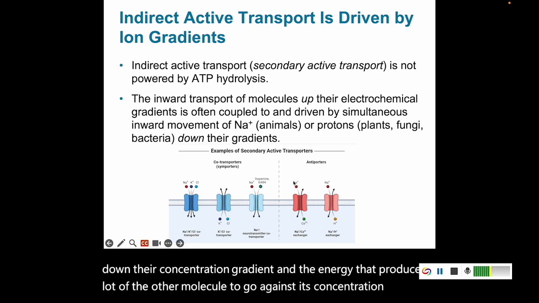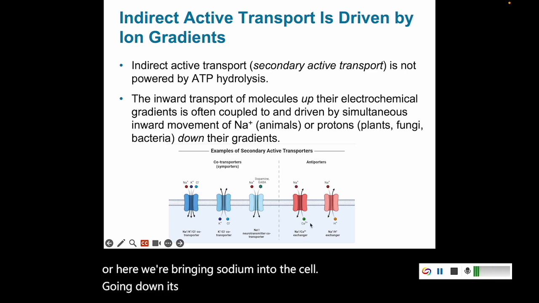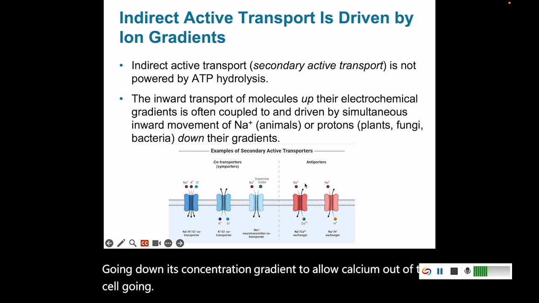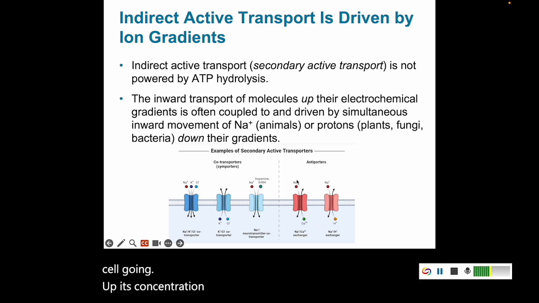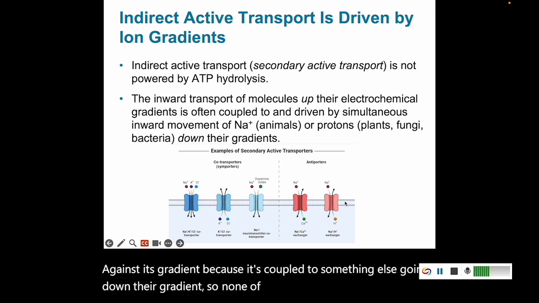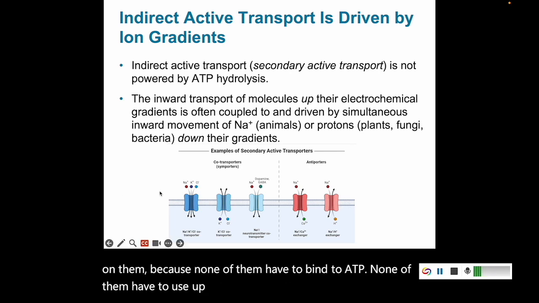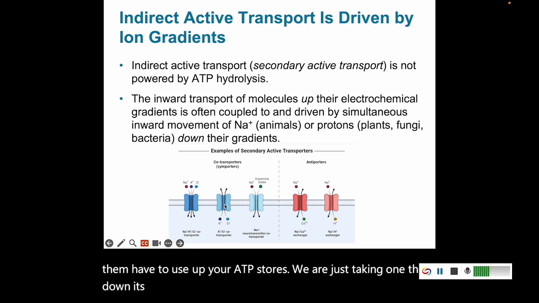Or here, we're bringing sodium into the cell, going down its concentration gradient, to allow calcium out of the cell, going up its concentration gradient. So you're actively transporting a molecule against its gradient because it's coupled to something else going down its gradient. So none of these have an ATP binding area on them because none of them have to bind to ATP. None of them have to use up your ATP stores. We are just taking one thing down its gradient, and that gives enough energy to let something else go up.